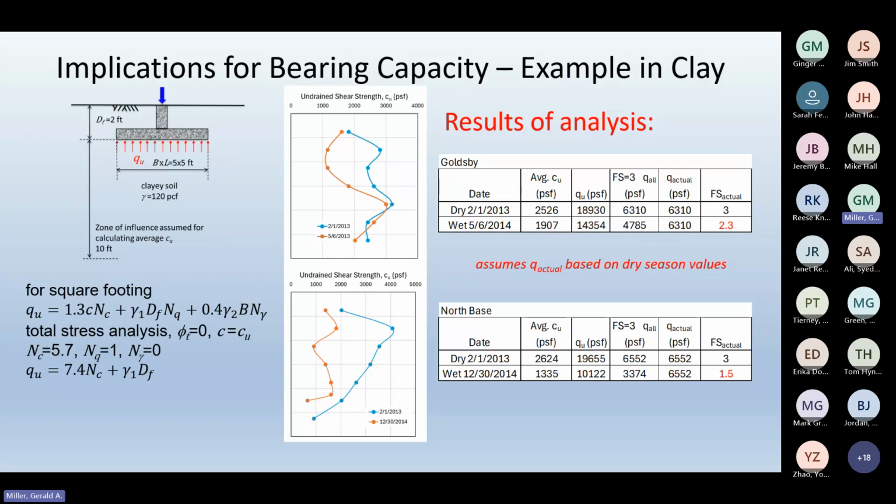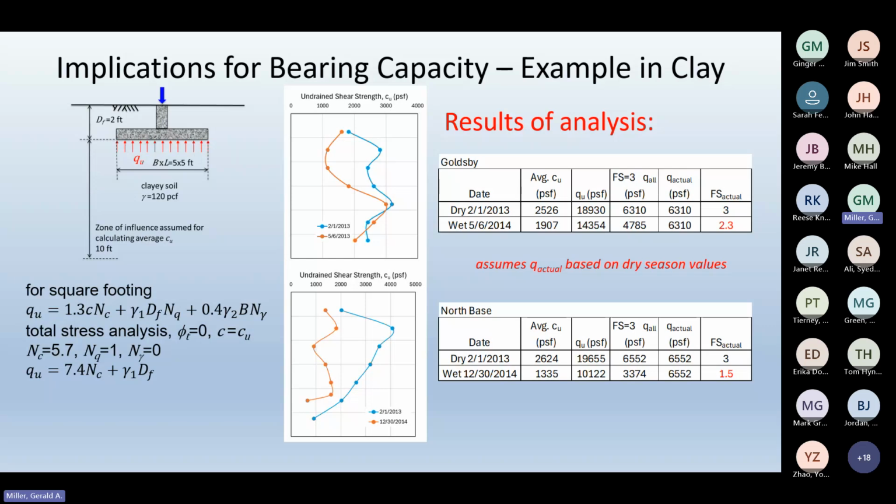And then what this means is this is what we might give the client. Now, I know most of you probably wouldn't give 6,300, even though the data supports this. There's other considerations like settlement that we're not looking at. Nevertheless, this might be the actual that we would recommend based on the allowable. Now, if we did this during the dry season, we'd be saying, okay, 6,300, hypothetically.